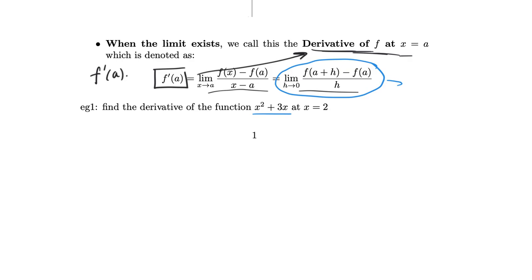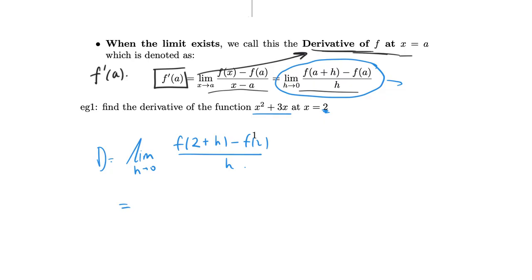So here what we're going to do is this derivative that we want is equal to the limit as h approaches 0 of f of a plus h. So a is the thing that we care about, the x value that we care about, which here is 2. So f of 2 plus h minus f of 2 over h.